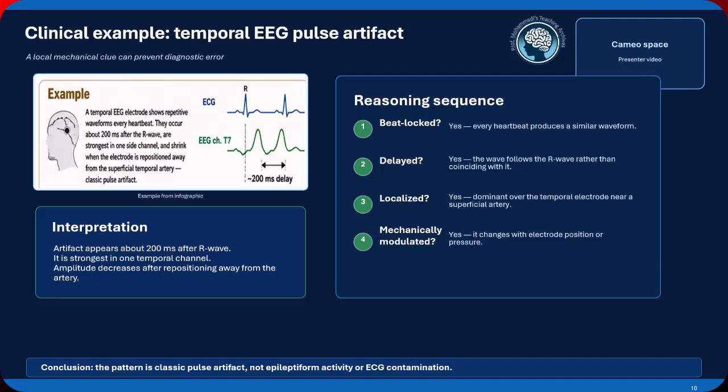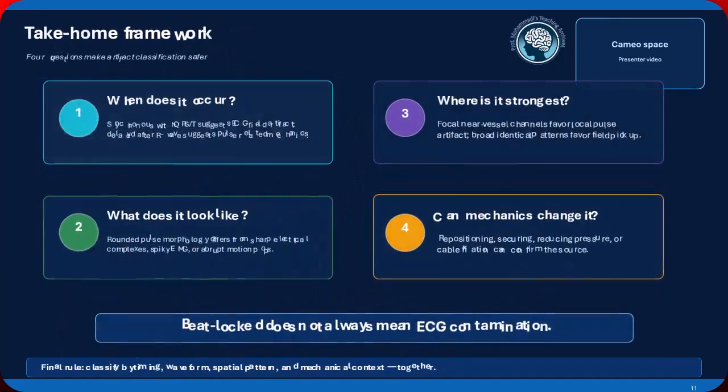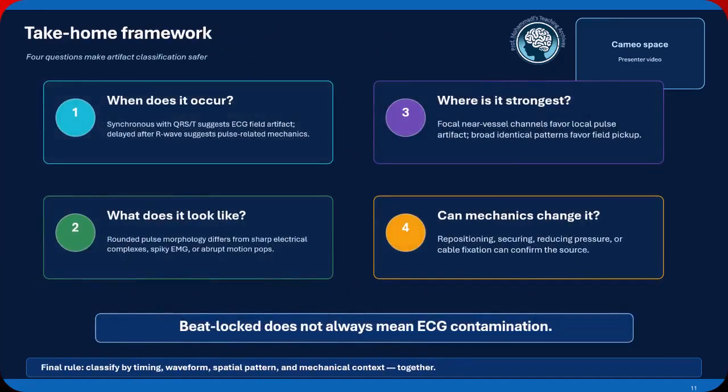Next slide, please. The safest framework is to ask 4 questions. First, when does the waveform occur relative to the ECG? A synchronous deflection suggests ECG field artifact, while a delayed deflection suggests pulse-related mechanics. Second, what does it look like? Rounded mechanical morphology differs from sharp electrical complexes, spiky muscle activity, or abrupt electrode pops. Third, where is it strongest?